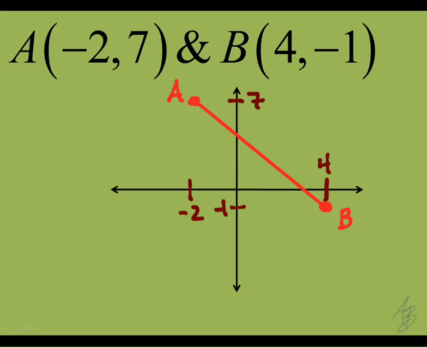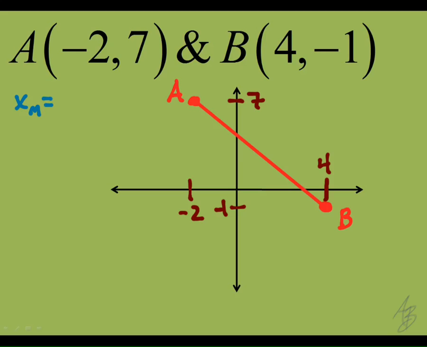So the two things I want to do is find the length of that line segment, and find the midpoint of that line segment. So Jimmy, how are we going to find the midpoint? You add up the x's and divide by 2. Okay, so we're going to average them, right? So to find the x-coordinate of the midpoint, I'll call that xm, we're going to add them and divide by 2.